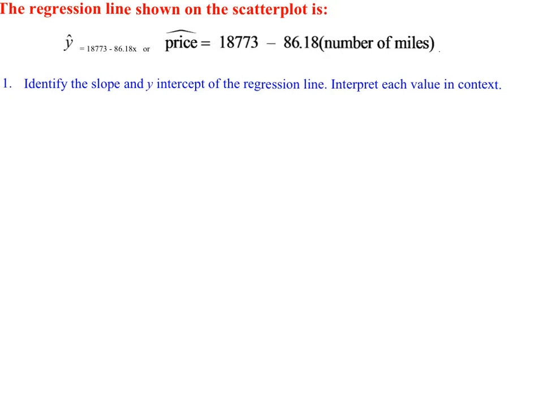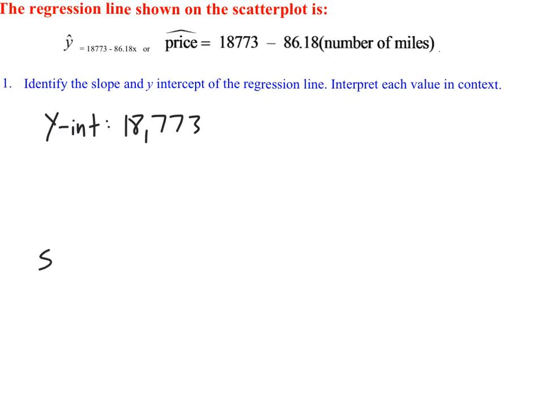And here it is. Okay? This slide is super important because it's one of those things that you're guaranteed you're going to be asked to do. First of all, the y-intercept is 18,773. Okay?